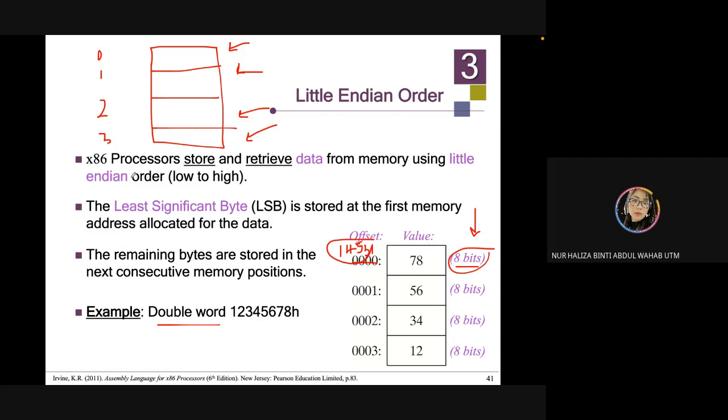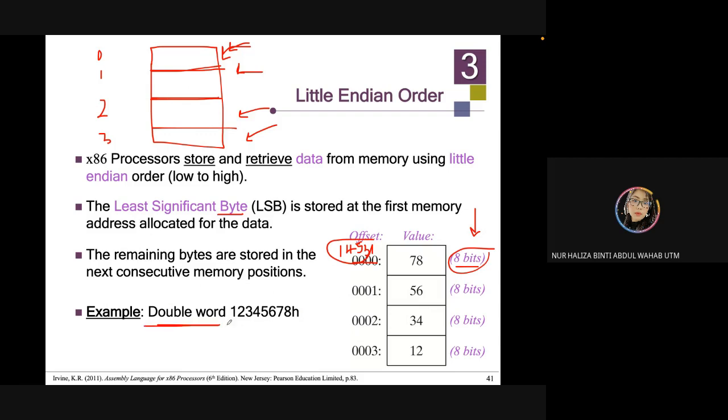So it's going to be like that. But the size of each address is 1 byte: 1 byte, 2 byte, 3 byte, 4 byte, and so on. But that is byte. In terms of bit, it's going to be 8 bit, 8 bit, 8 bit, 8 bit. Okay, that is the thing.